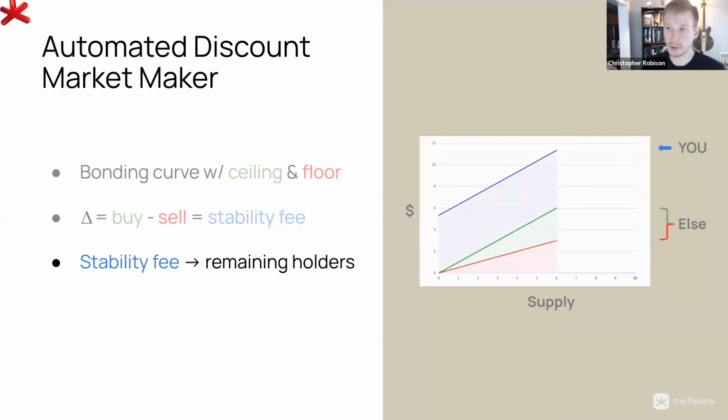So if the issuer earns their meToken from a stakeholder and the issuer burns their own meToken, they unlock the value of all the additional collateral that's been redistributed through the stability fee. This is how we get the asymmetry in the market, where suddenly your meToken becomes worth more to you than it's worth to everybody else.